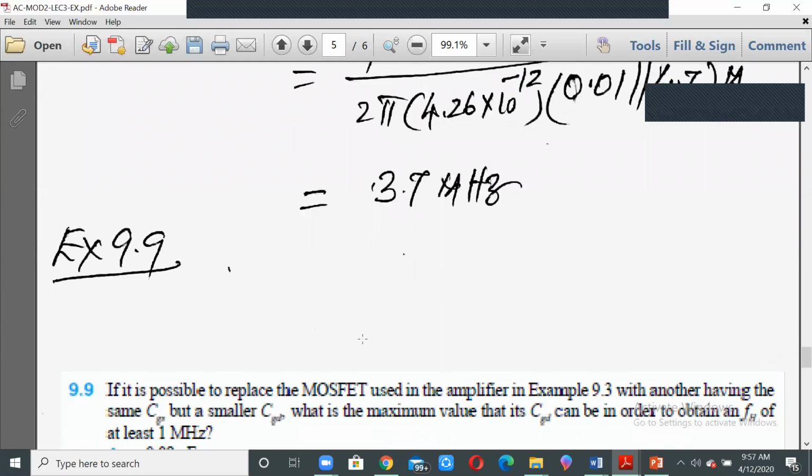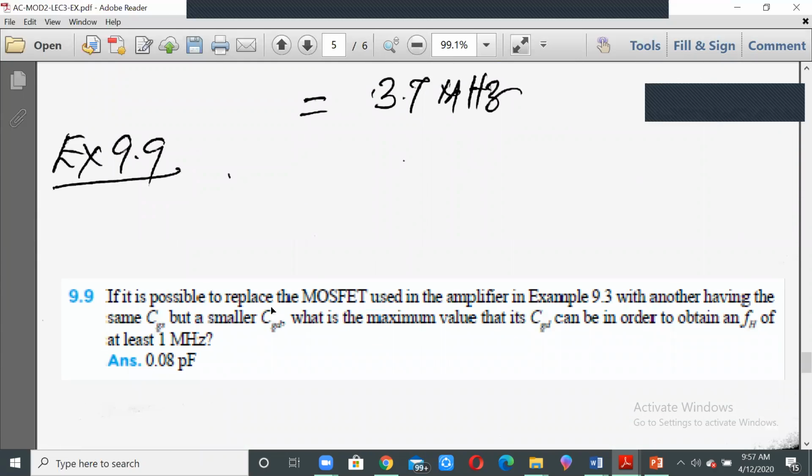Then we come to exercise 9.9. So what is it that we are trying to do, as in example 9.3? What we will do is keep the same CGS but use a smaller CGD. So we need to find the maximum value of CGD so that the FH value will become at least 1 megahertz.